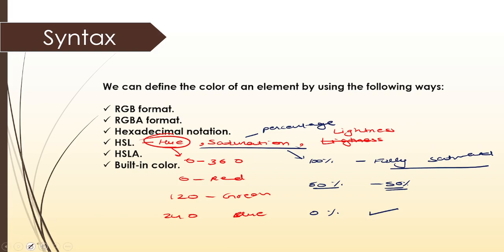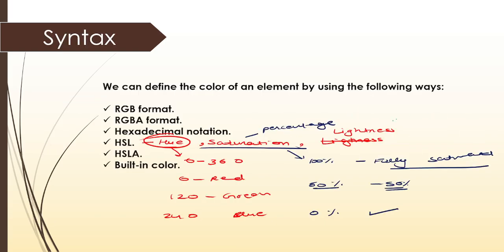Okay, third point we have here is lightness. The lightness of the color can be defined as the light that you want to provide the color, in which 0% represents black. Okay, so here 0% represents what? It represents black color.